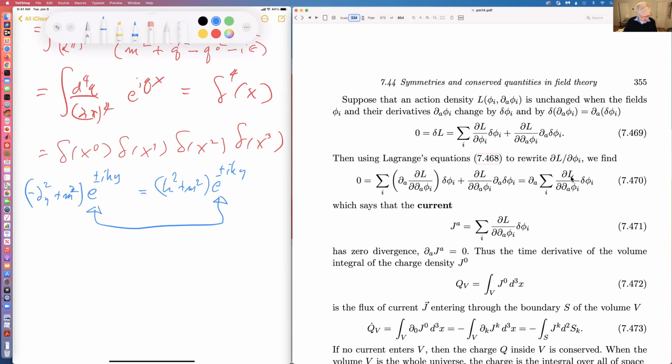Let me just, if I can, put a little more space here. Just want to move that delta phi out just a tad. Anyway, what this is saying then is that this thing here is conserved. And let me also put another space here.